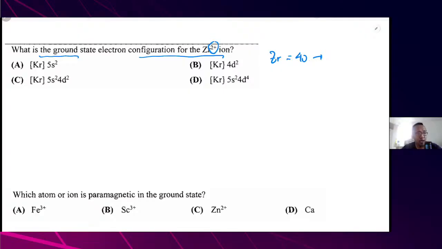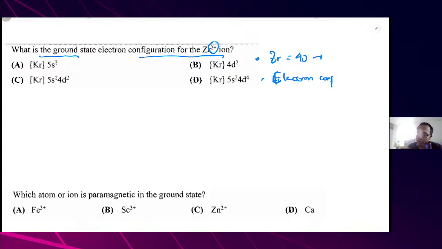So we can first do the neutral configuration. Remember, we need to determine the atomic number first, and after that find the electron configuration.